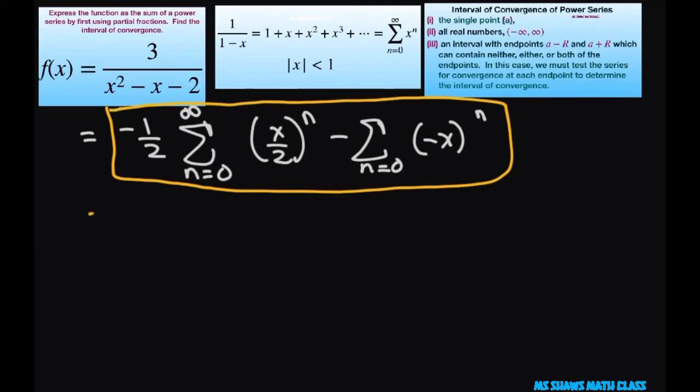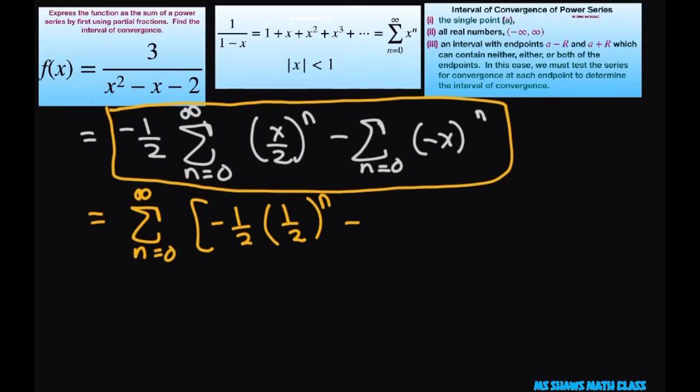So before we do that, let's just rewrite this as the sum, n equals 0 to infinity, and I'm going to pull in this negative 1/2. And then this is going to be 1/2 to the nth power minus, for this piece, negative 1 times negative 1 to the nth power, and we still have x to the nth power.